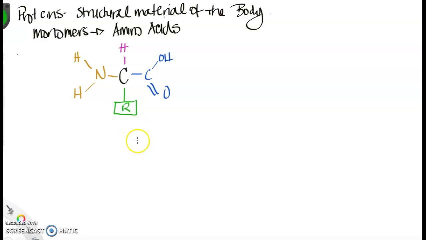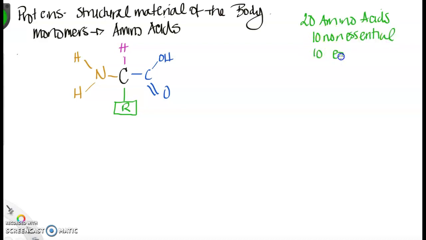So the R group is just any molecule that is connected to it that makes the amino acid what it is. What I mean by that is there are 20 named amino acids. About 10 of them are non-essential, and 10 are essential.